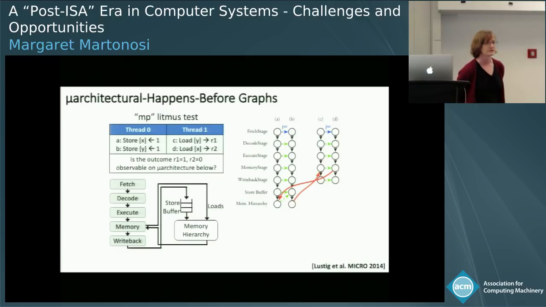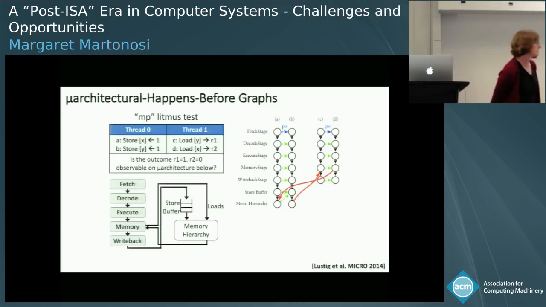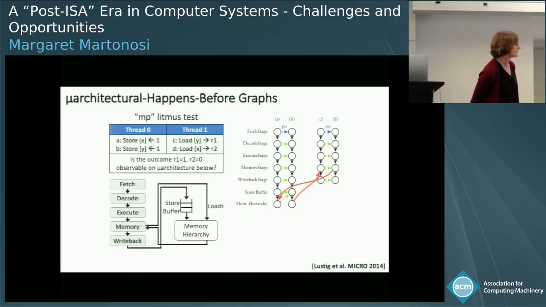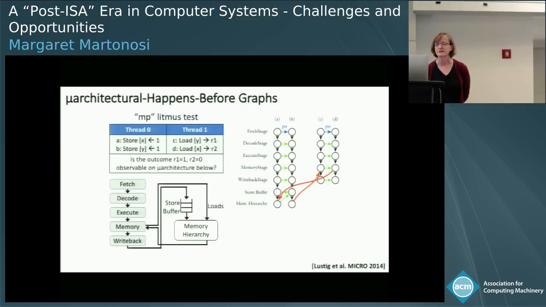The happens-before graphs are specific to a piece of code. So for example, in this case, it's a simple message passing litmus test that we're depicting with the two columns on the left being thread 0 and the two columns on the right being thread 1.